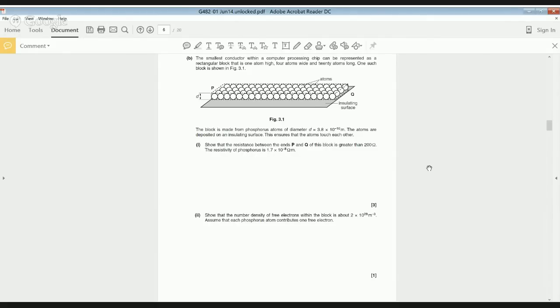So we need to use our equation here for resistivity, which is R equals rho L upon A. Rho is given to us in the question here, 1.7 times 10 to the minus 8. L, that's the length of the block, that's this dimension here.